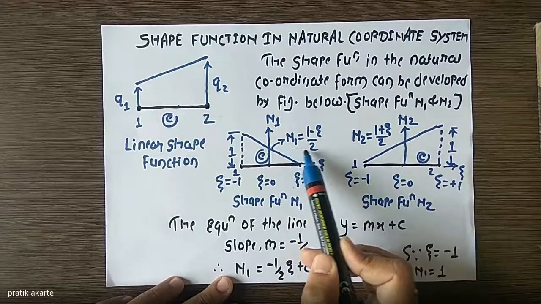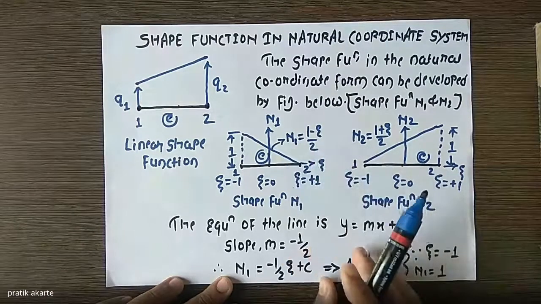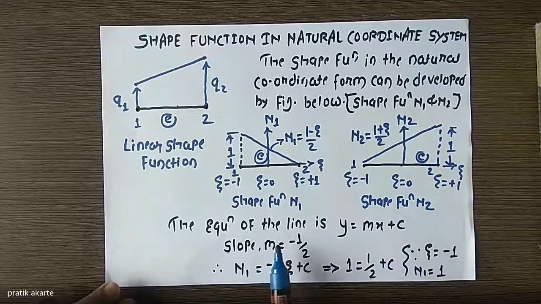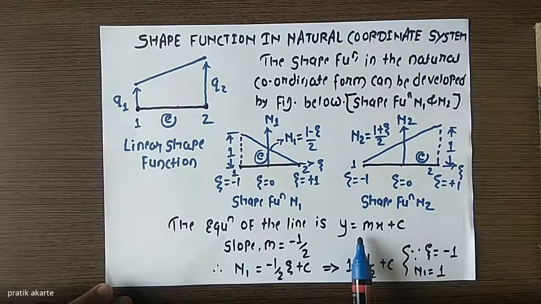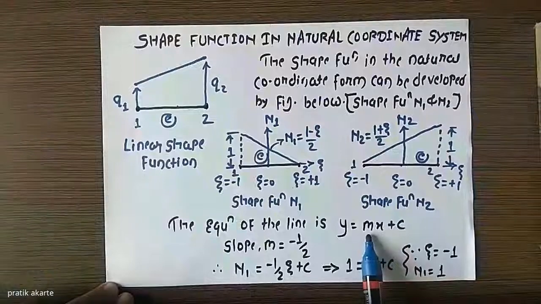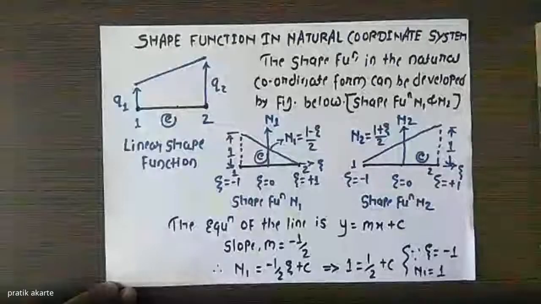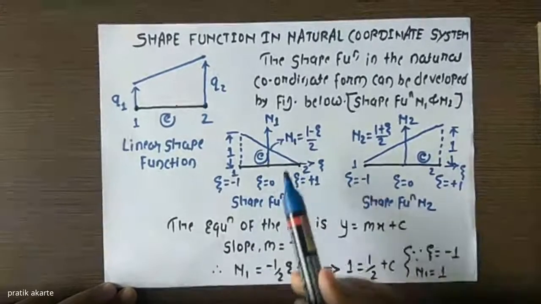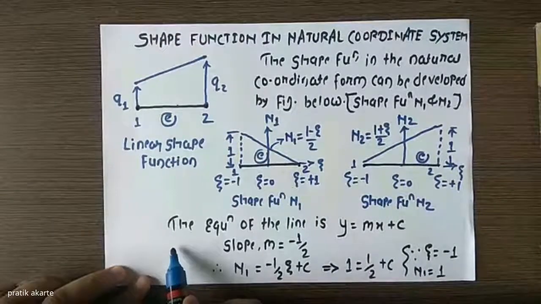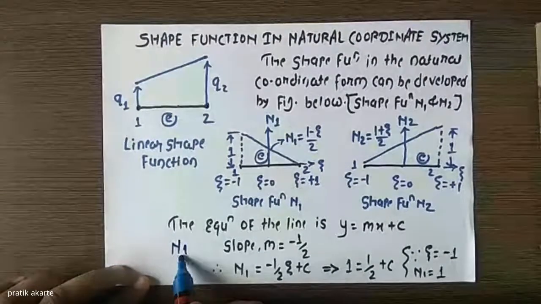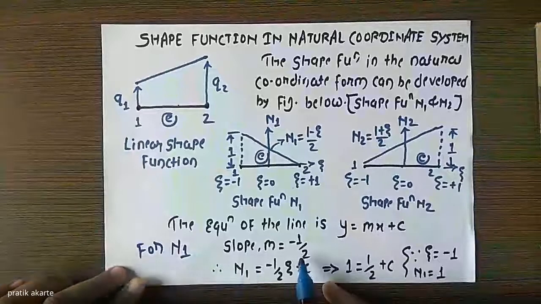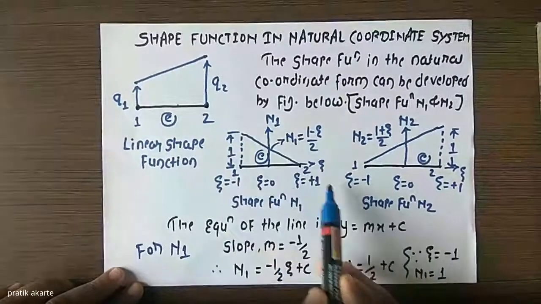Now we are going to find out how these values come out. We know that the equation of a line is y = mx + c, where m is the slope. For shape function N1, the slope is minus 1 by 2, because the line is declining.